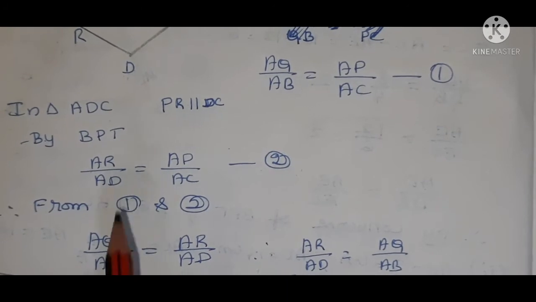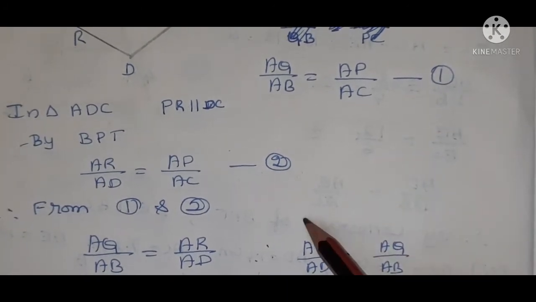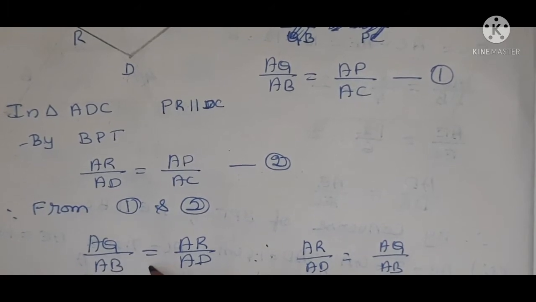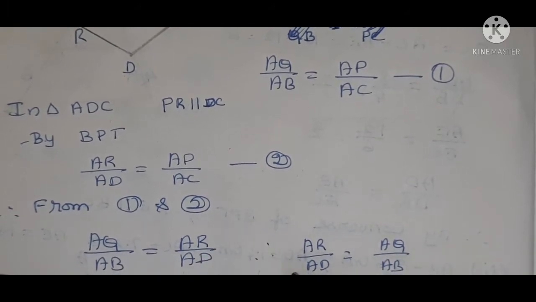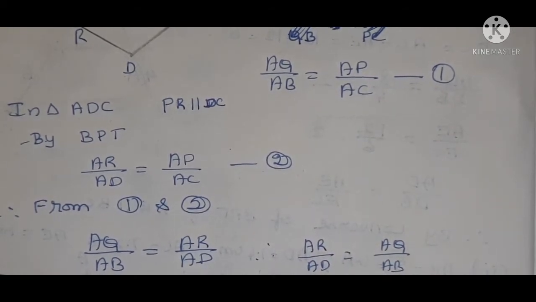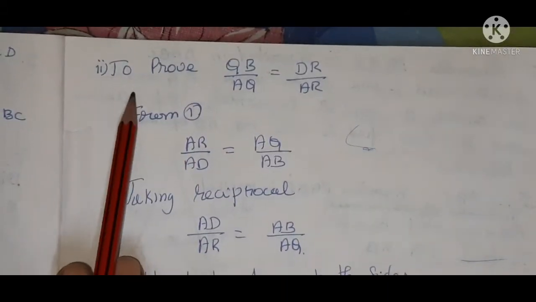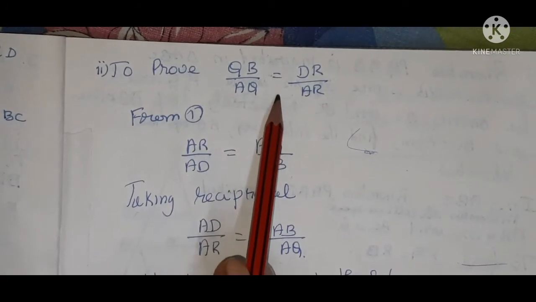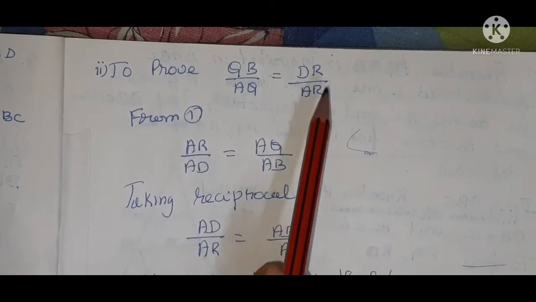From 1 and 2, right sides are equal, so left sides are equal. AQ by AB is equal to AR by AD. Therefore, we get the result AR by AD is equal to AQ by AB. Hence proved.